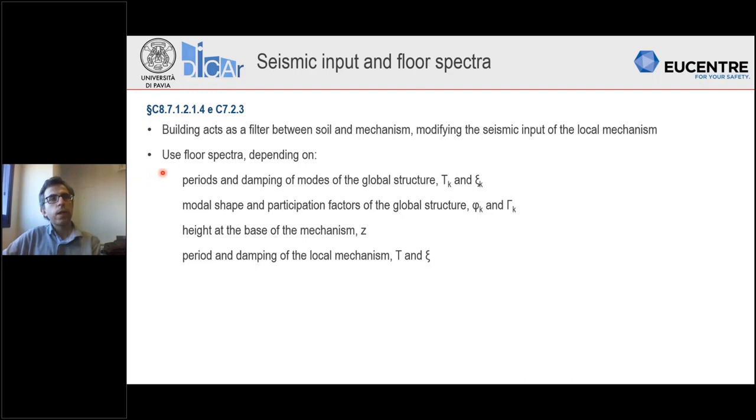So you will have to represent the input using the floor spectra, which depend on several parameters: the periods and the damping of the modes of the global structure, the modal shapes and the participation factors of the global structure, the height of the base of the local mechanism to be considered, and the period and damping of the local mechanism.